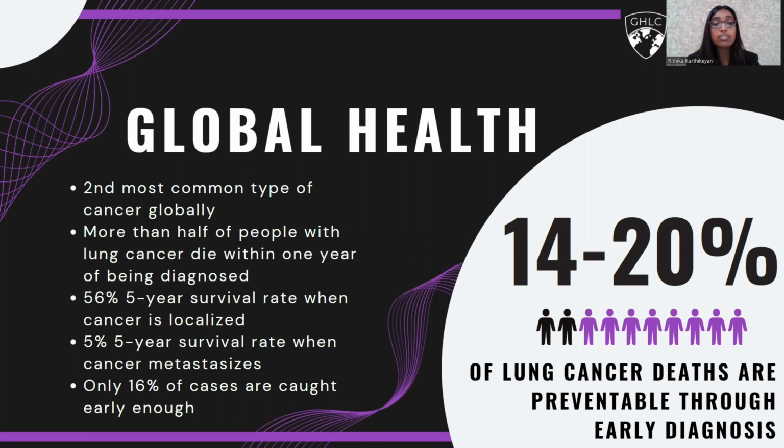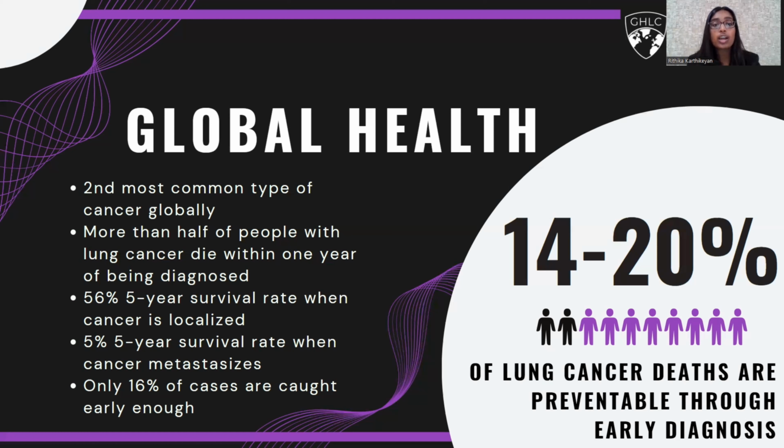Adding on to that, the 5-year survival rate drops nearly 50% if the cancer is not diagnosed and treated early enough. So it's clear here that an early diagnosis is crucial to patient well-being and for their outlook. And based on the maps that we took a look at earlier, it's also clear that the current diagnostic treatments, such as radiography scans, aren't distributed well enough or made accessible enough for underserved populations.